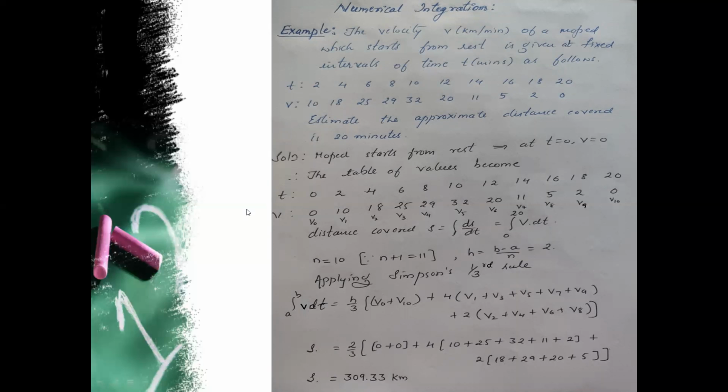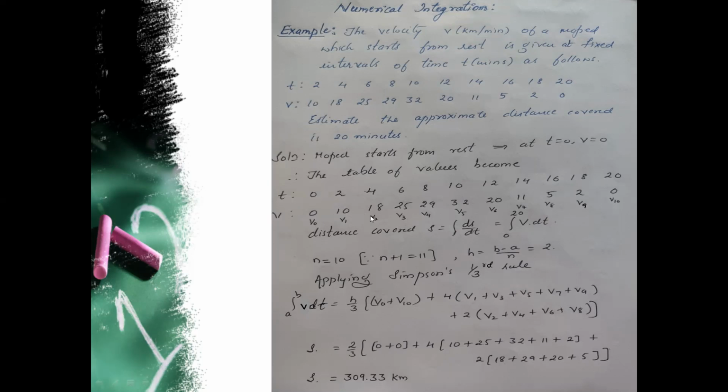We'll put the table once again and write the value beginning with t equal to 0. Continue with the next values up to 20, and correspondingly at t equal to 0 velocity will be also 0. So take this one set of values. Even though it is 0, don't neglect it.